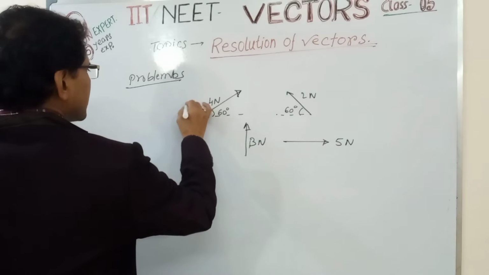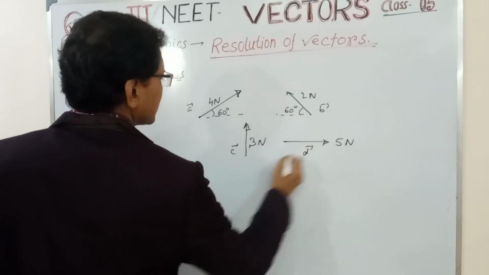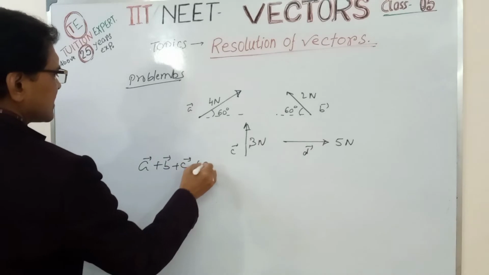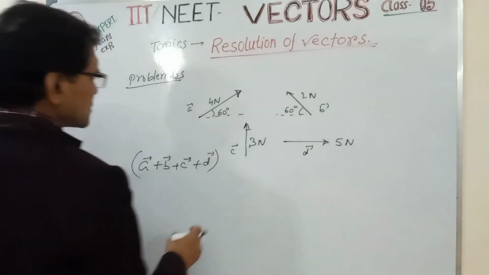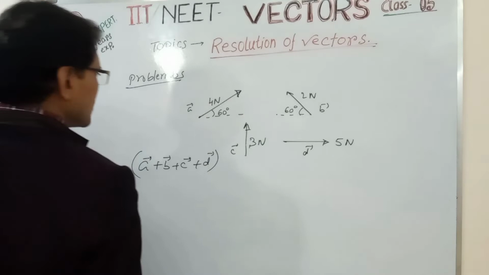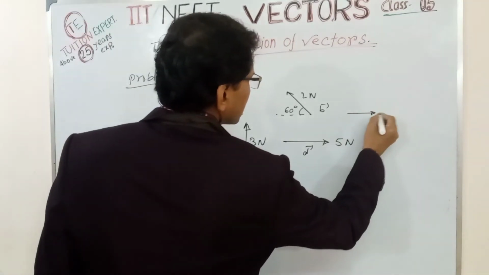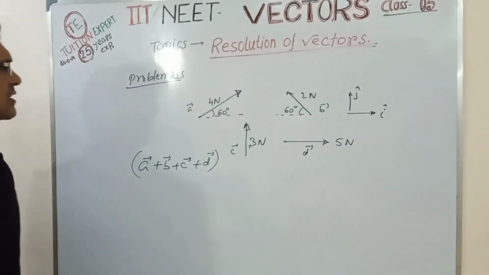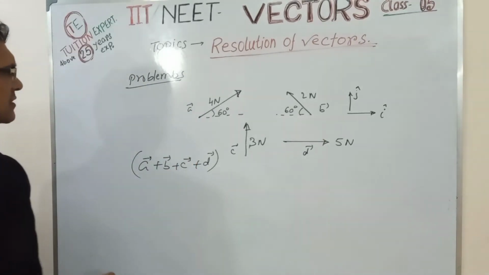Suppose this vector is A, this vector is B, this vector is C, and this vector is D. Now what is the result of A plus B plus C plus D? To find the resultant of more vectors, we generally use the resolution of the vectors. So if we express each vector in terms of i and j, then we can add.